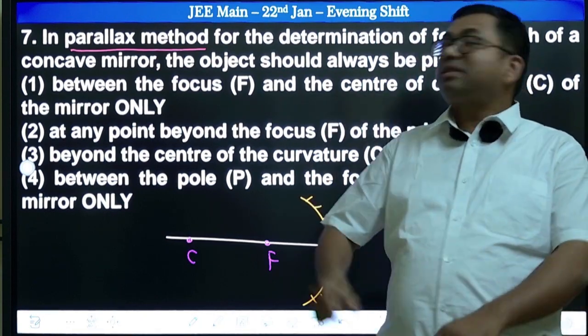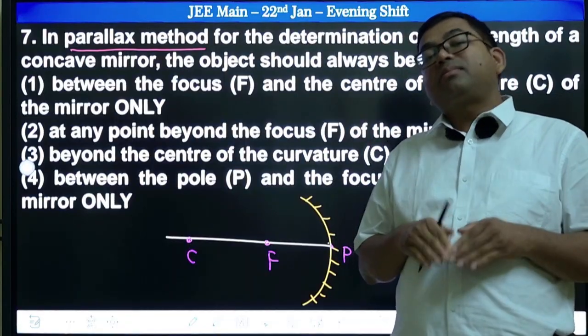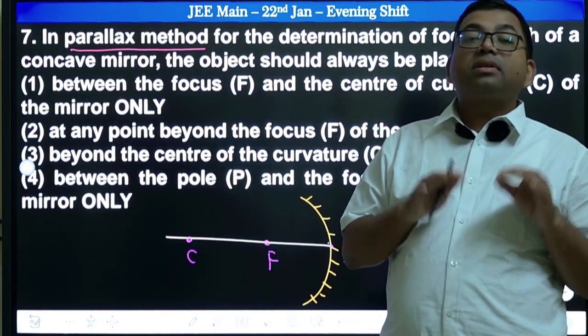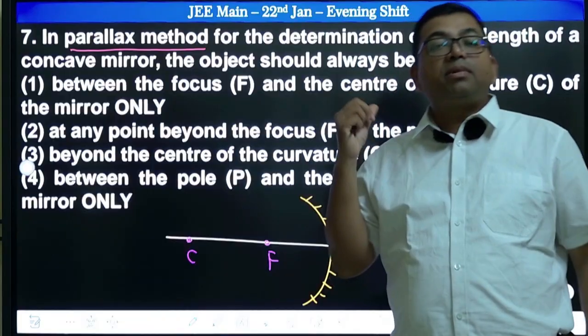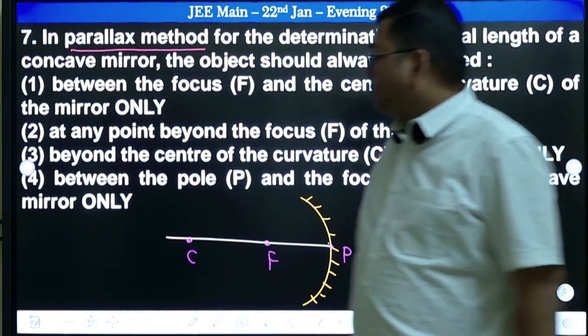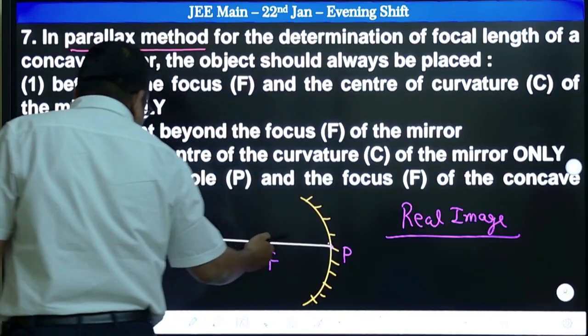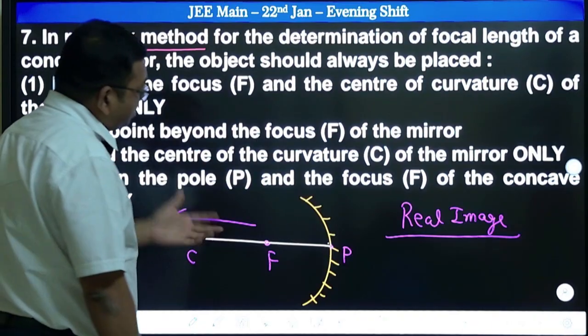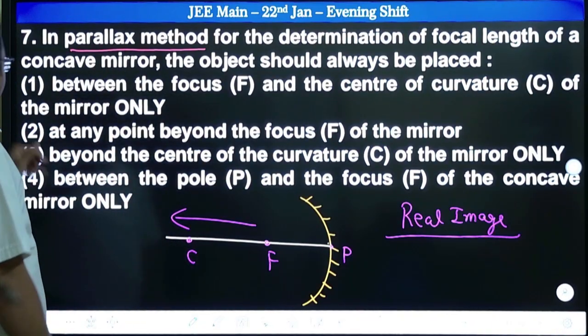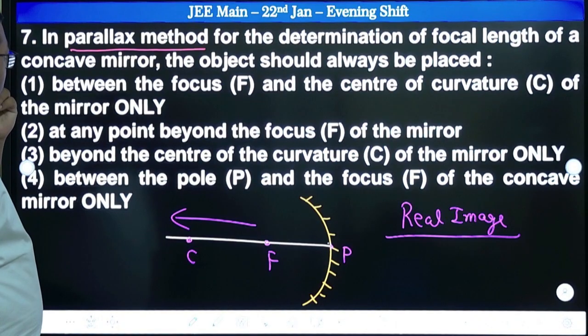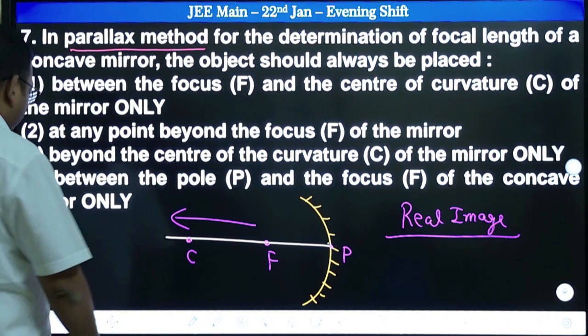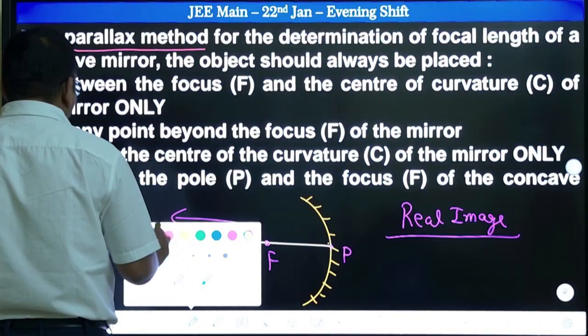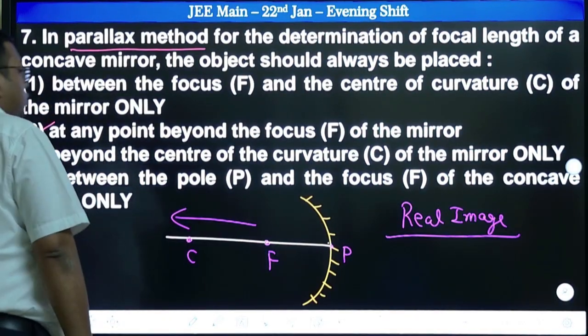The only condition is that the rays are making small angles, or the rays are paraxial rays, so that the mirror formula will be valid. So definitely any point on this side, beyond, any point you take, that means the object can be kept anywhere. So what is the option? At any point beyond focus? Yes, beyond focus we can go for that, any point beyond focus.